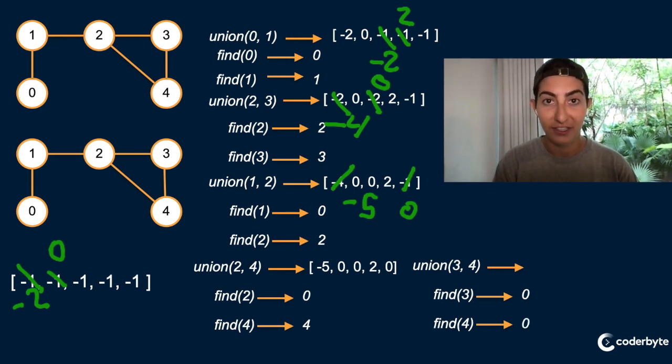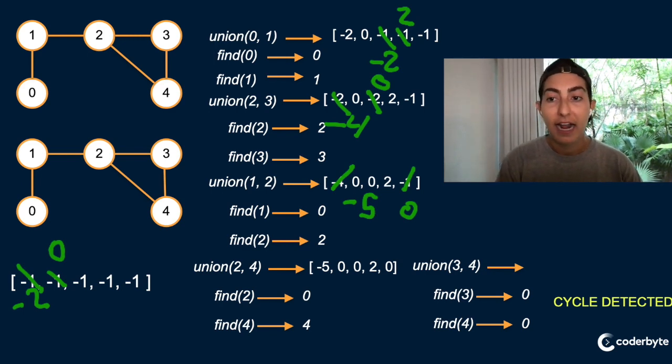And I hope that you see where I'm going with this. This means that we have a cycle detected, right? Because we're trying to union two things that already are in the same component. So if you ever have two different nodes that you are trying to call union on that already have the same parent, then you can return that there is a cycle in this graph.